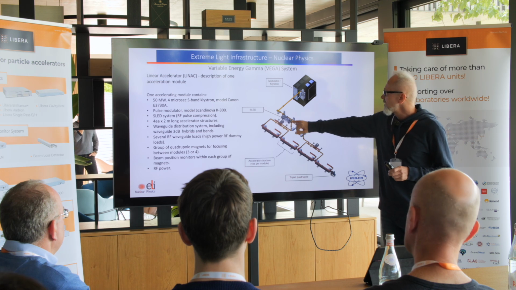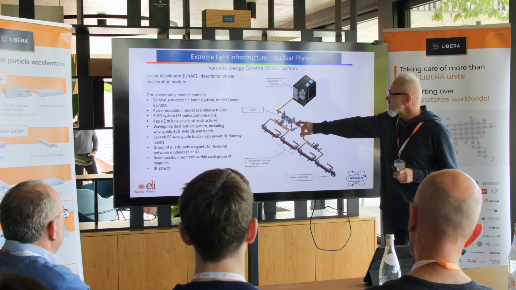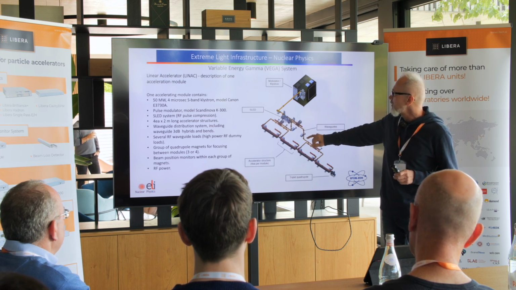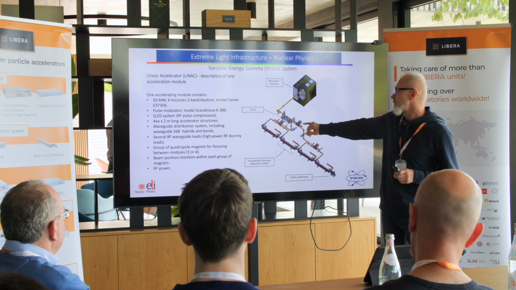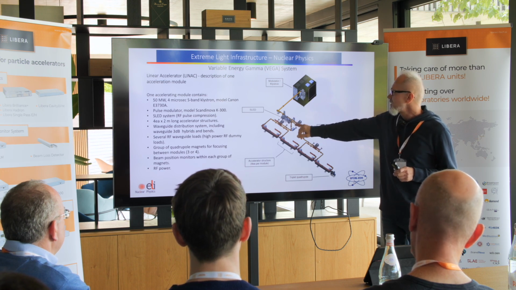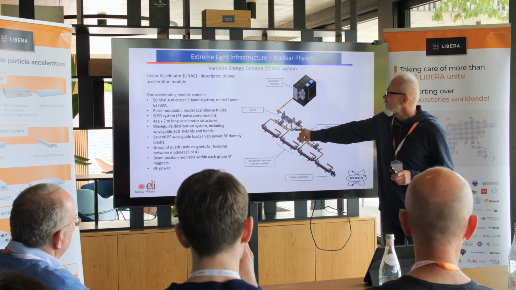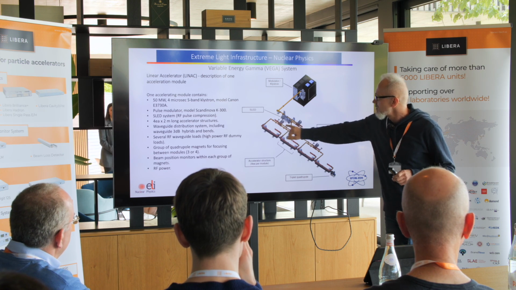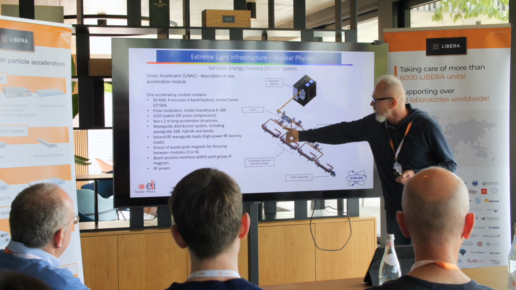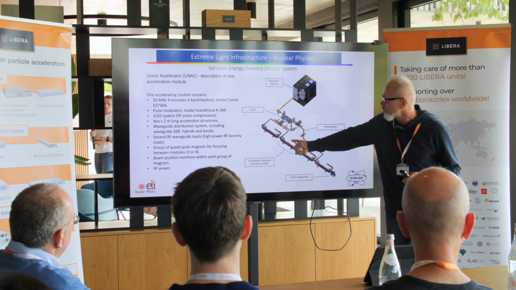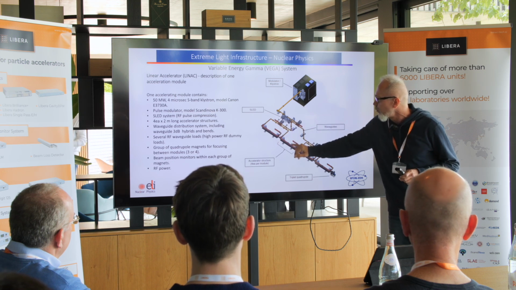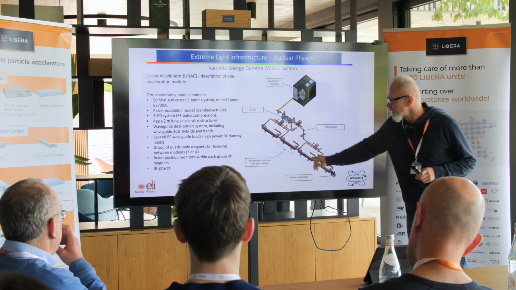Later on, the signal generated by the SLED will arrive in one hybrid, the 3 decibel hybrid, which will split the pulse with a difference of 90 degrees. And later on, this pulse split in 2 pieces will be split again in 2 pieces in order to charge 2 by 2 all the 4 structures.